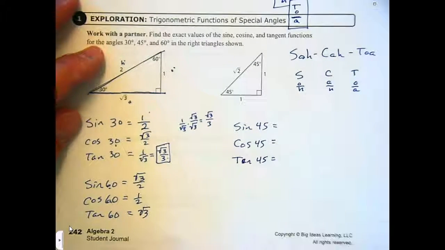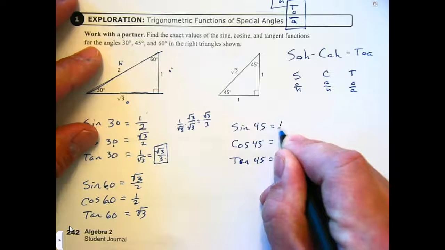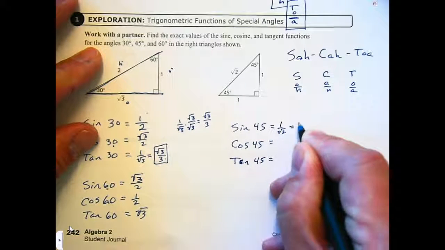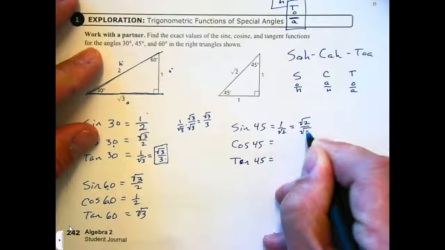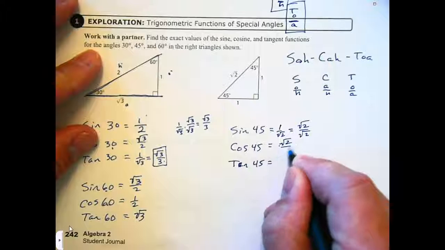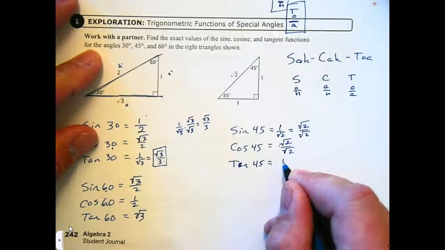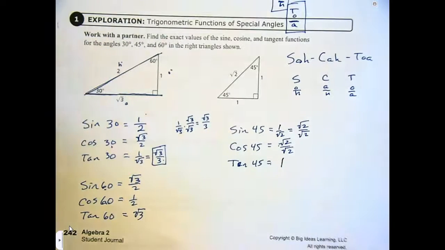Okay, sine of 45 is? Good. 1 over root 2, which is root 2 over 2. And cosine 45 is also root 2 over 2. And that makes tangent 1. Now, how do you get tangent?